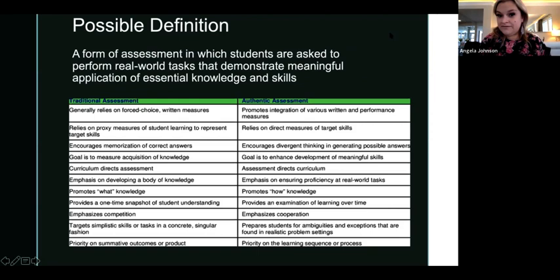A possible definition of that could be a form of assessment in which students are asked to perform real-world tasks that demonstrate meaningful application of essential knowledge and skills. Real-world tasks. So if you're teaching a math unit, for example, and students are learning also to connect science, you can build a garden and have them measure the wood to build the garden and measure the space in between each of the seeds and then track the growth of the plants.